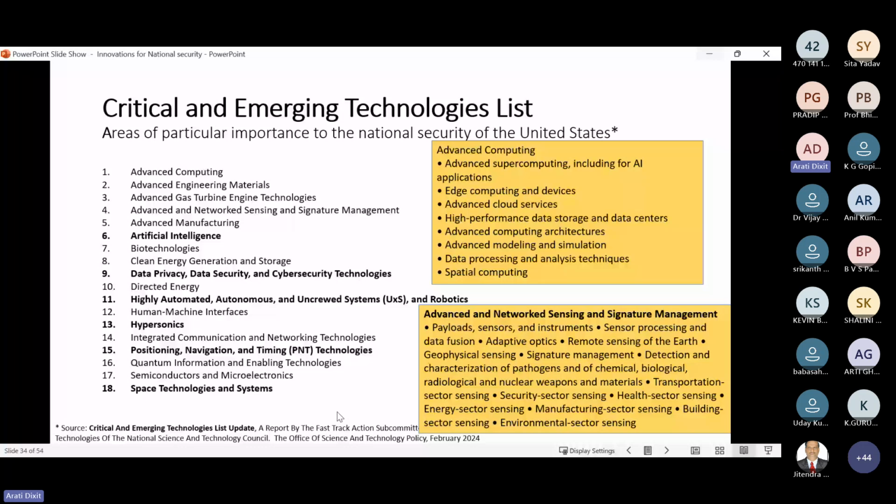For example, in advanced computing we have different sub areas, which are supercomputing, including AI or edge computing, advanced modeling and simulation, which was done, data processing and analysis techniques, and so on. If we go back to the problems that we discussed, we can map that some of these sub areas were taken into account when solving that problem.